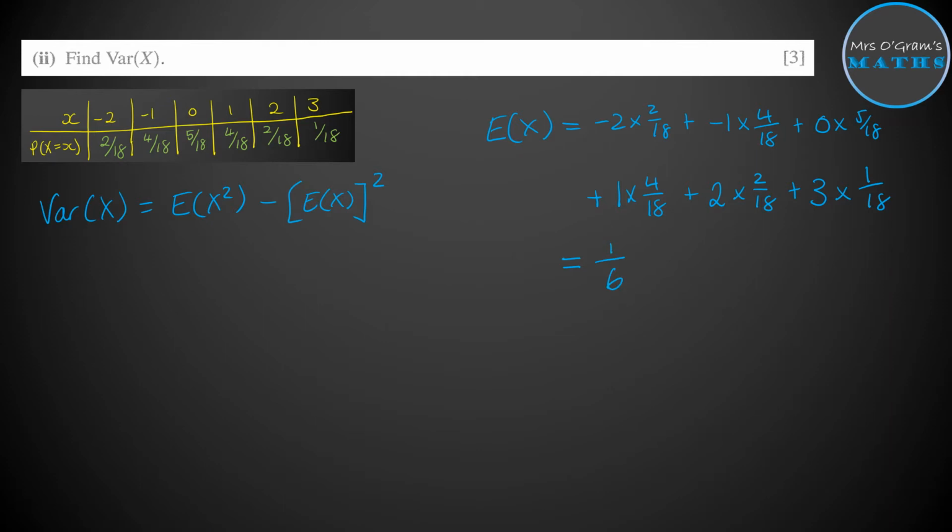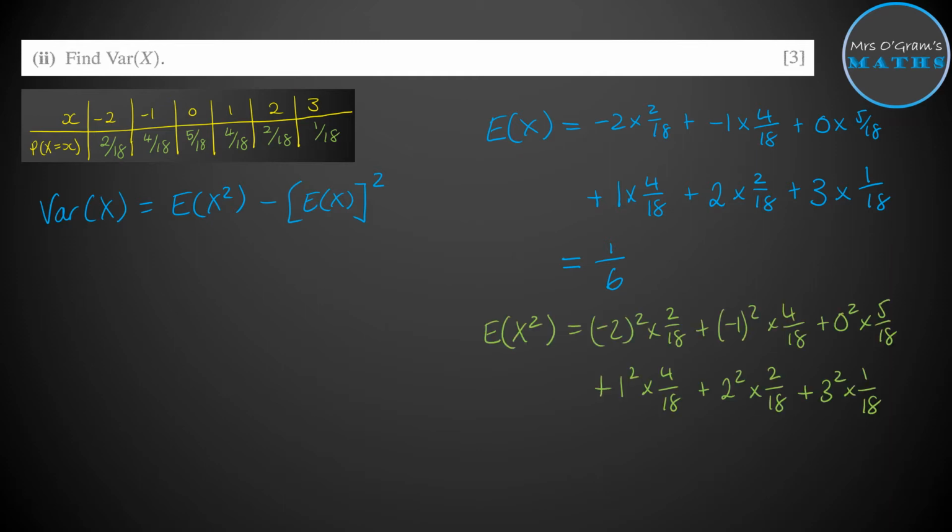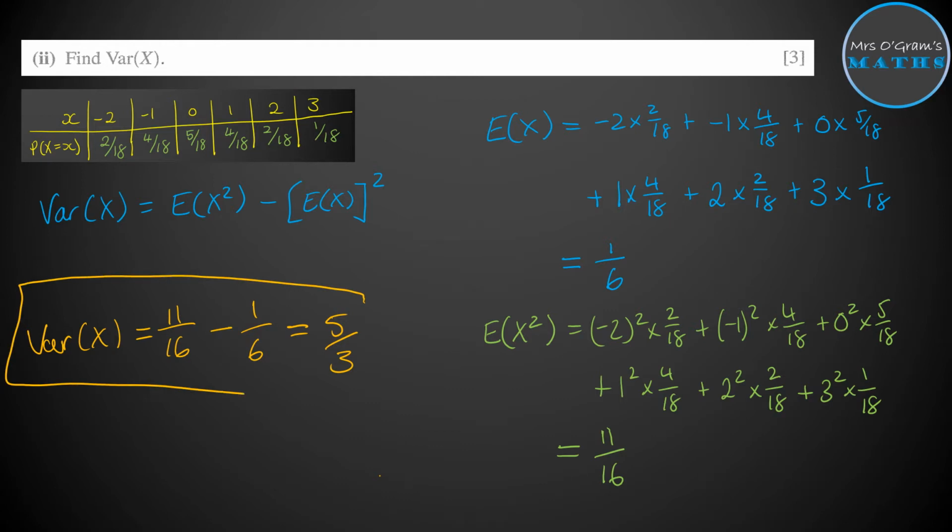And E of X squared is doing all the same things, but squaring those X values as you do that calculation through. So then the variance of X is 11 over 6 minus 1/6, which is 5 over 3.